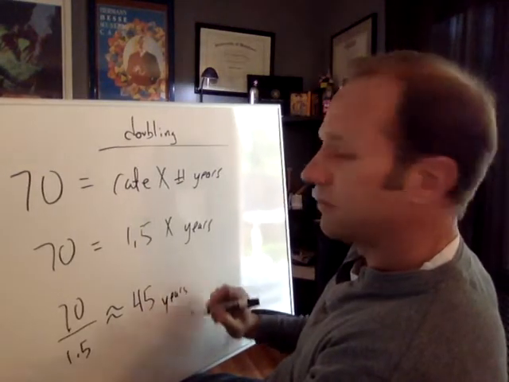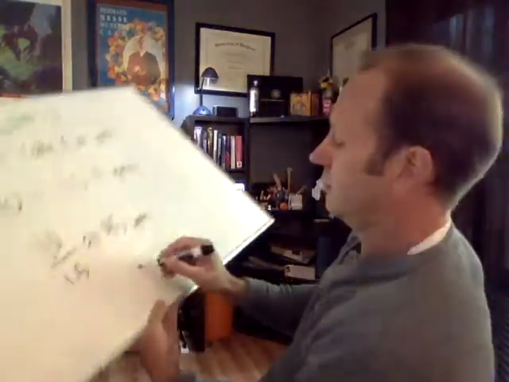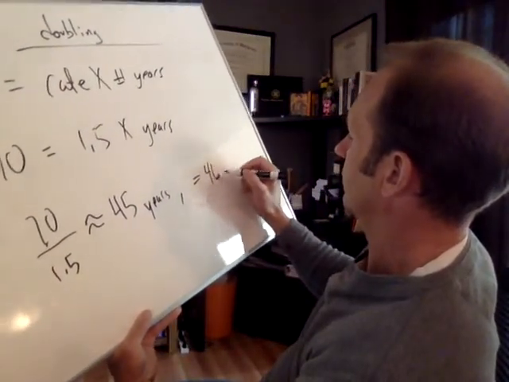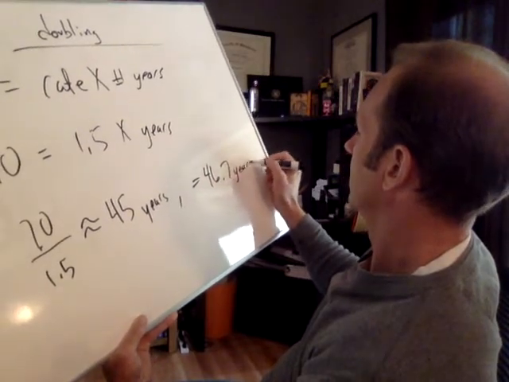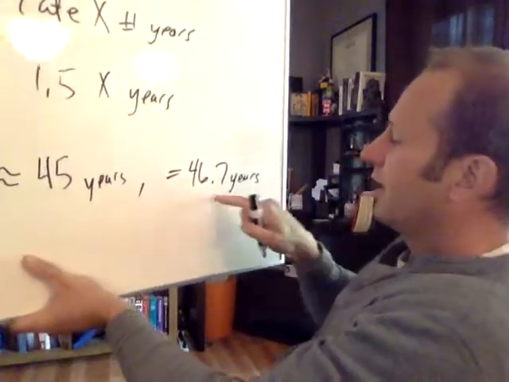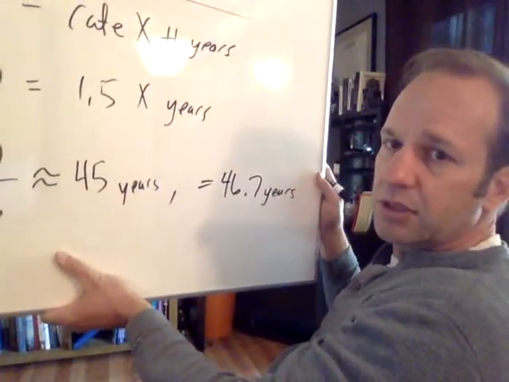And if you take one of these things, if you still have one of these things, and you say 70 divided by 1.5, you get 46 2/3, call it 47 years. Just under 47 years. Okay. So I did it in my head and got 45. I did it on my calculator, got 46.7.